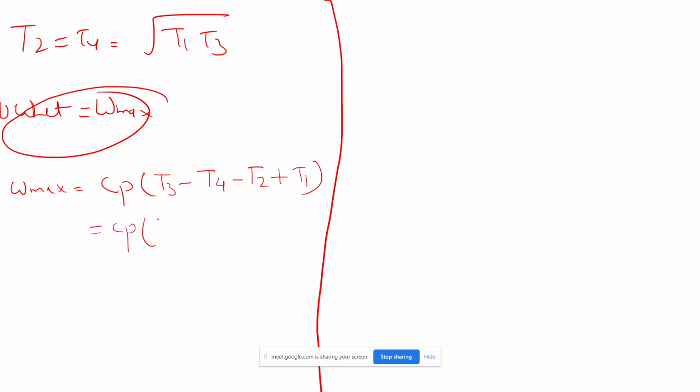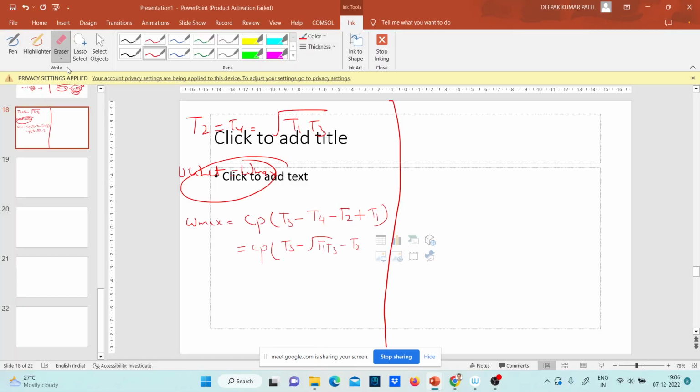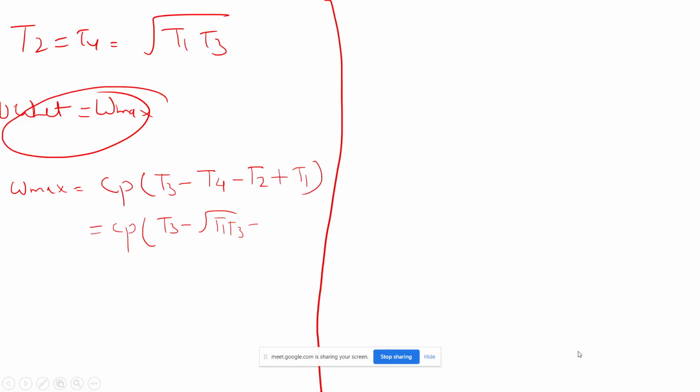Now Cp times (T3 minus, what is T4? T4 is under root T1 T3, minus T2, and T2 is also under root T1 T3) plus T1.